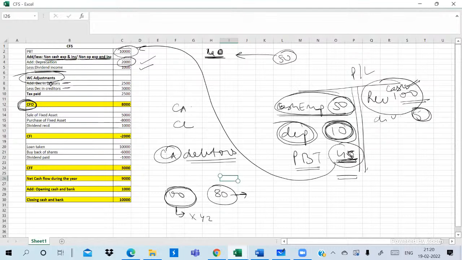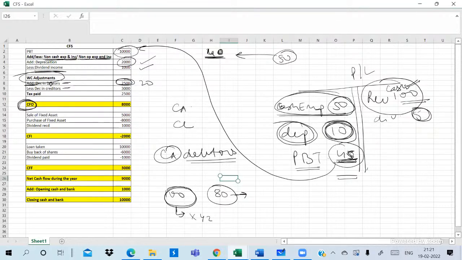And if you have recovered 20 crores from the customer, that's an inflow for you. And if it's an inflow, which means money is coming in, so I'm just adding it up. So add this 2,500, or in our example, 20 crores. Vice versa, if money is going out, I will just say less.